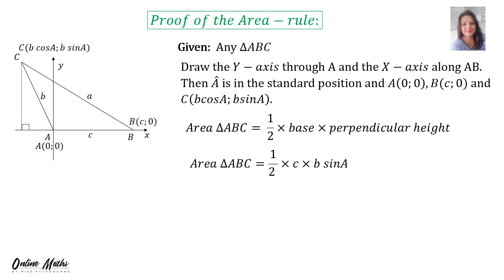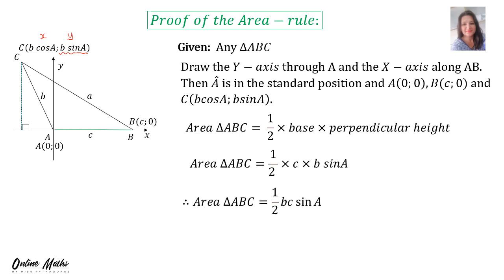Therefore, the area of triangle ABC is equal to half, and then the base is little c, which is AB, and the perpendicular height is that line over there, but that line is the y coordinate. There's your x coordinate at C. That line, b sin A, is the y coordinate there at C.